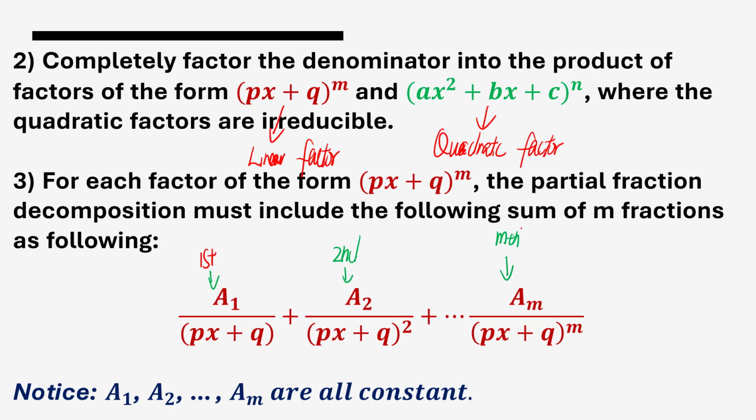And here a1, a2, an, they are all constants, right? So this is very important. That means on top of the linear term in the denominator, the top must be a constant. Basically, you reduce the power by 1. That's how you end up with the constant term. So remember that for the linear term, on top of that must be a constant.